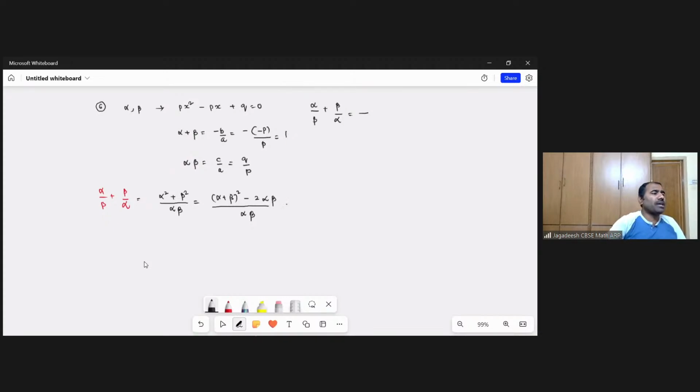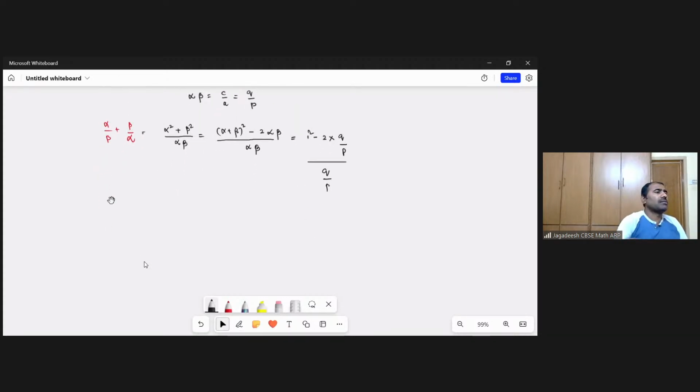Alpha plus beta value 1. So 1 square minus 2 into alpha beta value q by p, divided by again alpha beta value q by p. Let us simplify further.